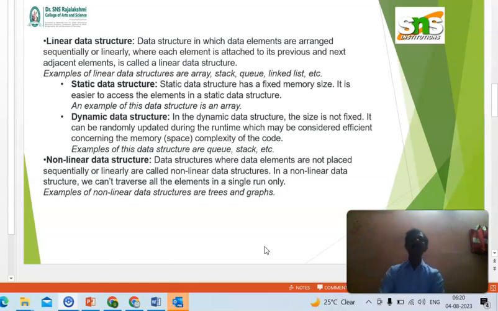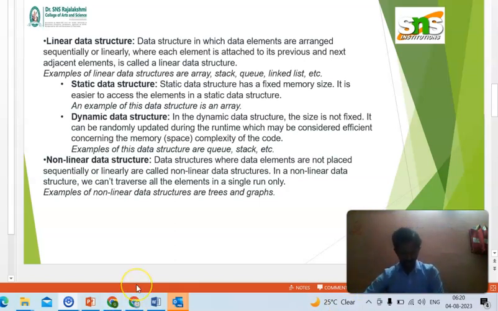So in dynamic data structures we cannot fix a particular size; based on the program's execution time and runtime process, the size can change. Queues and stacks are examples of dynamic data structures.